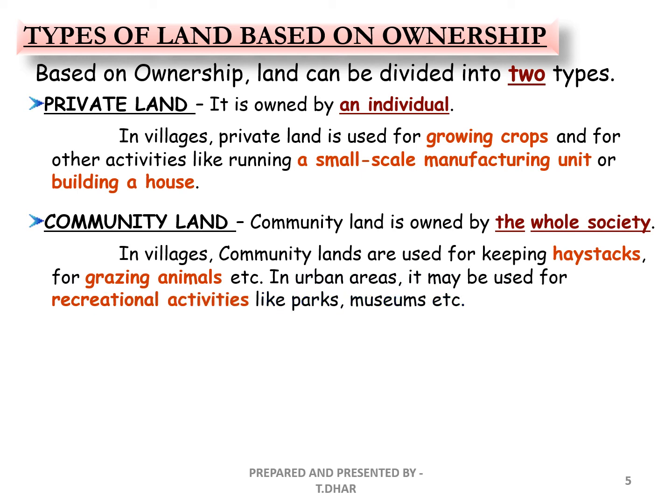So in villages, the community lands are used for keeping haystacks. Haystacks means the dry grass in the village community lands, which is used to feed cows and goats; community land is used to stack it. Then for grazing animals, which in Hindi we call the land for grazing cows and goats, so community land is used for that purpose in rural areas.